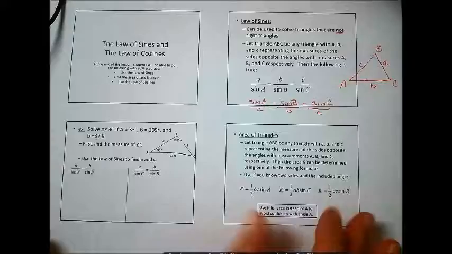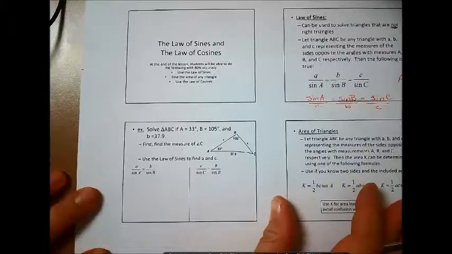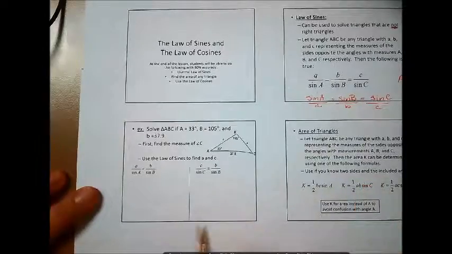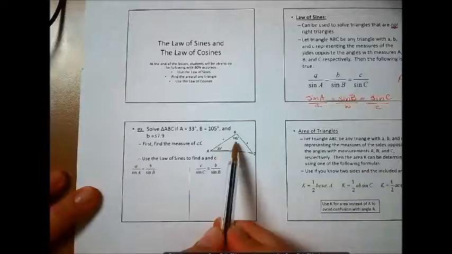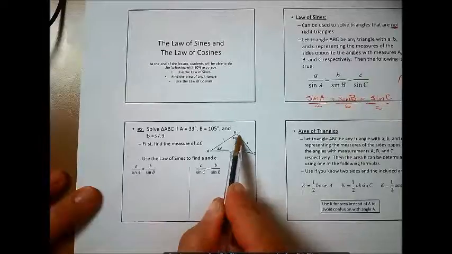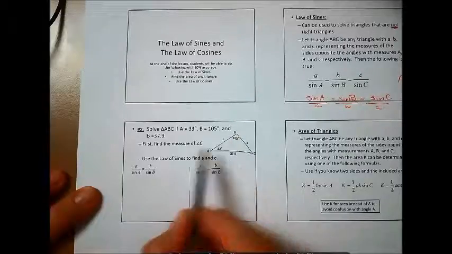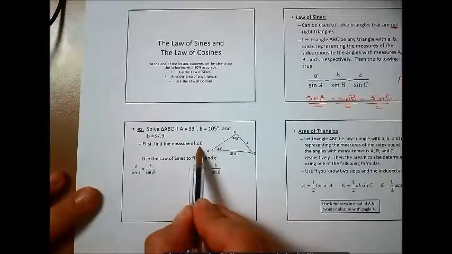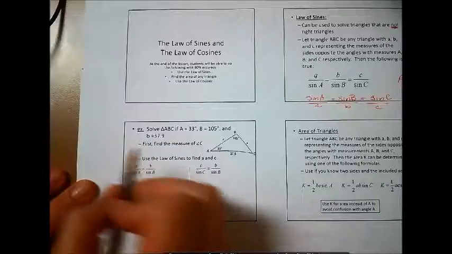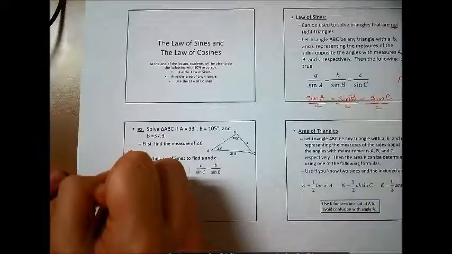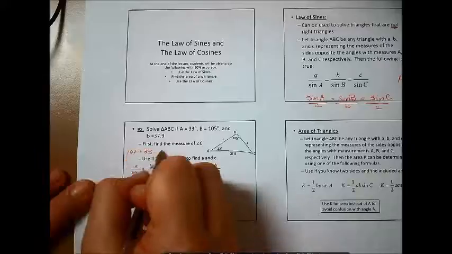So now let's solve this little triangle down here. We have angle A is 33 degrees, angle B is 105 degrees, and little b, the side length across from big B, is 37.9. The first thing we're going to do is find the measure of angle C. If you add these two angles together, you get 105 plus 33 equals 138.